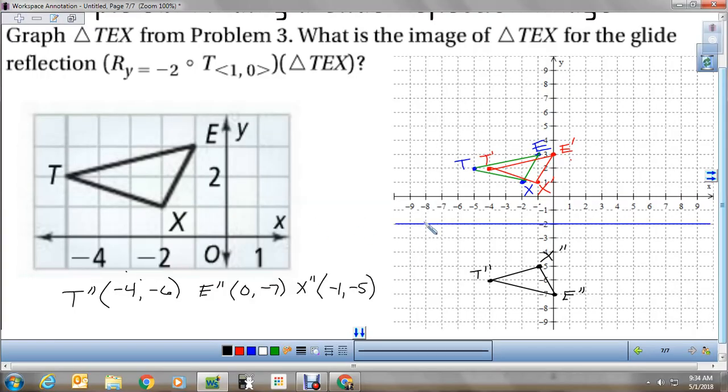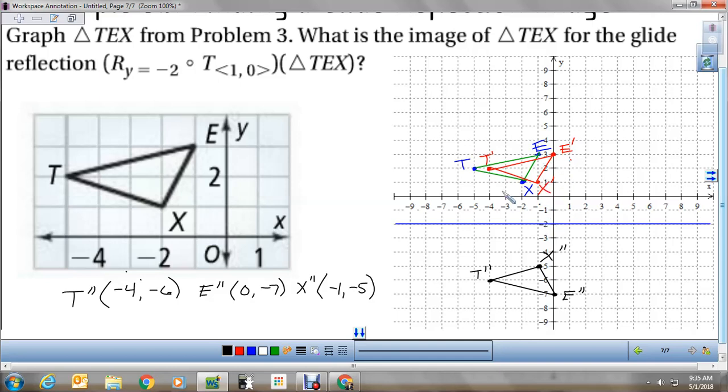All right, let's see how you did. We start with our original image, the blue triangle TEX, and the green triangle. We shifted everything 1 unit to the right. That puts us at negative 4, 2, at 0, 3, and at negative 1, 1.